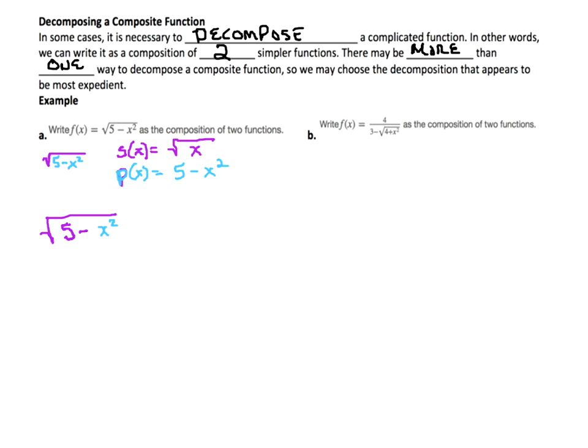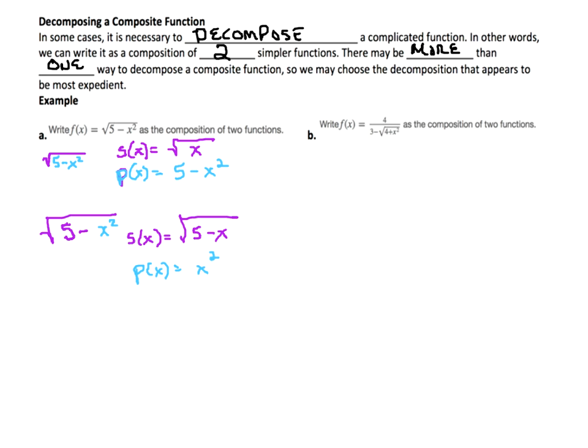If this is the case, then my shell function would be the square root of 5 minus x, and my plug-in function would be x squared. So there are going to be different ways that you can see these decomposed, and it's your choice.